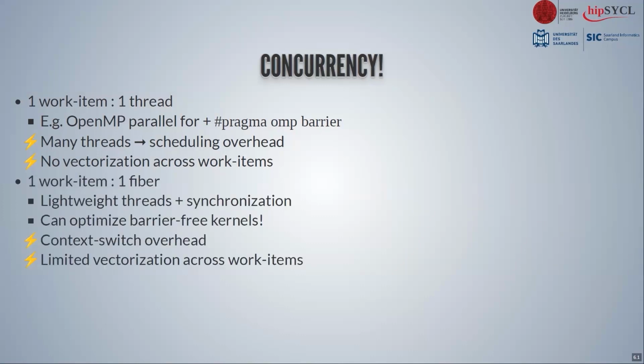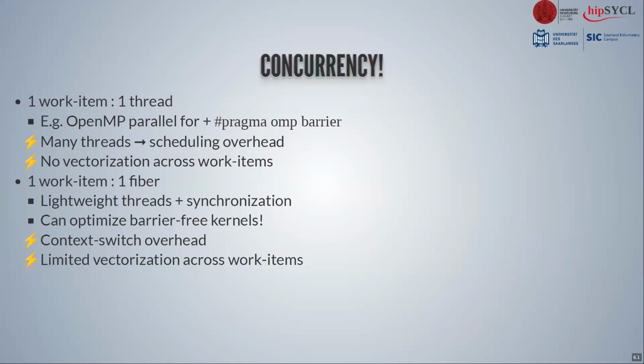A way that is a little bit less overhead intensive, that is the default in HipSycl for the last few years, is to use a fiber per work item. In this case, you don't use parallelization across a work group, and instead you execute multiple work groups at the same time using threads.